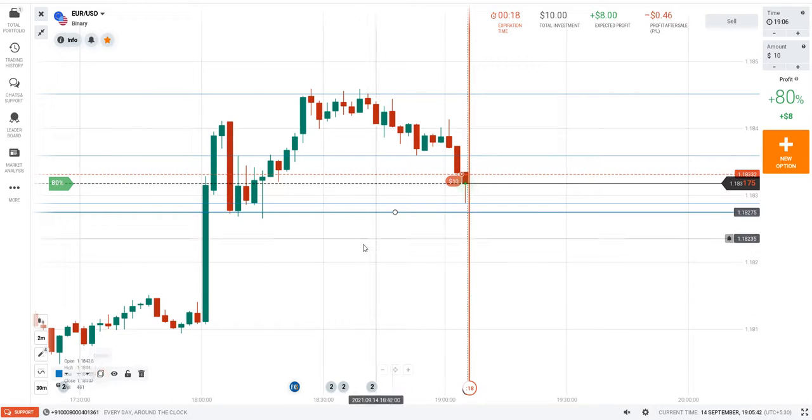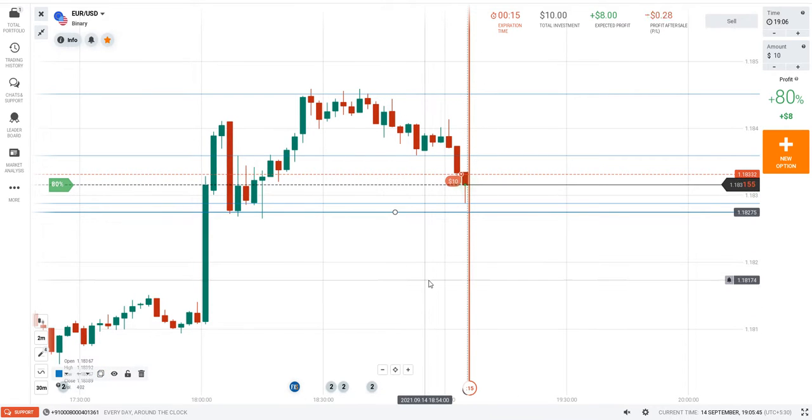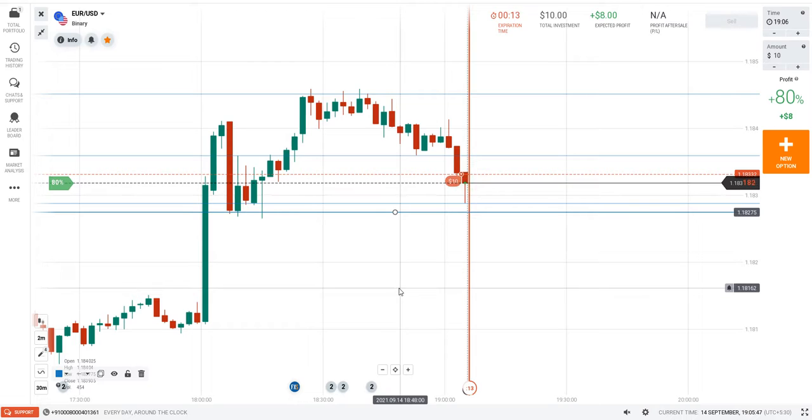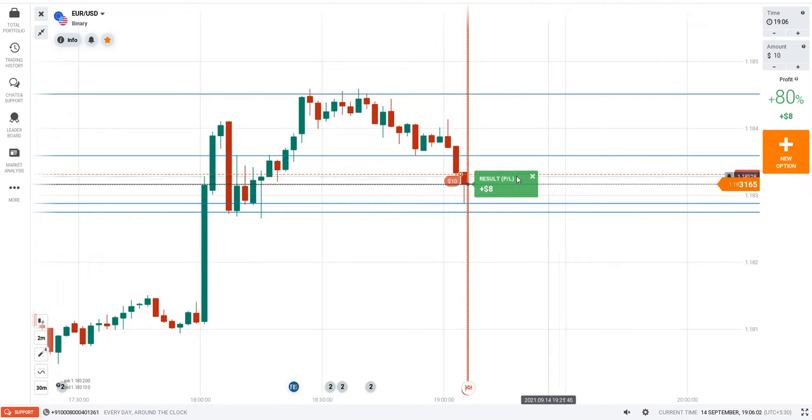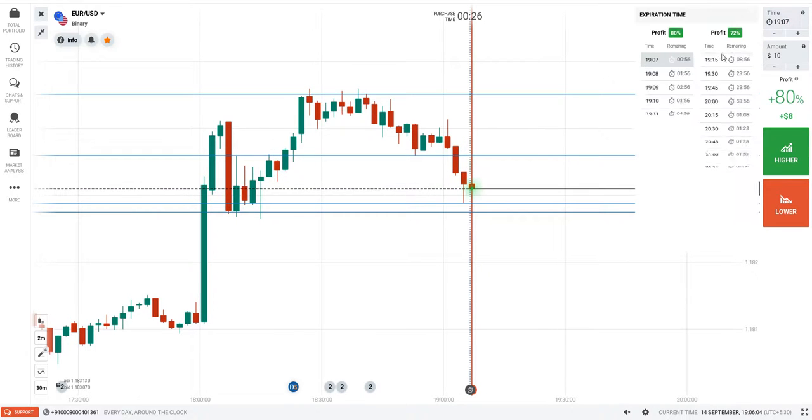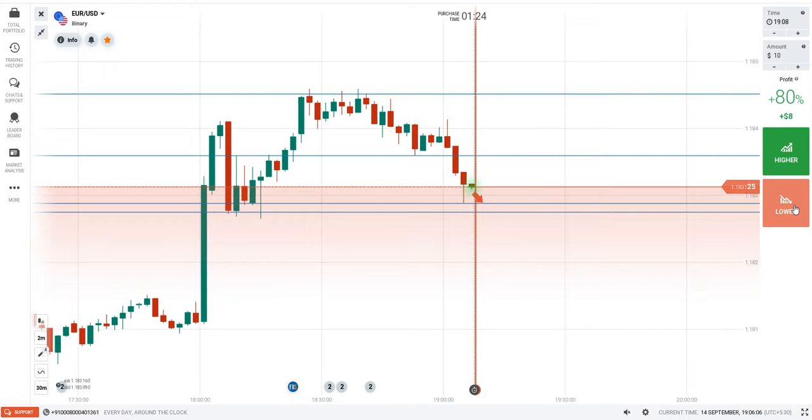This whole area is a buyer's area. So this is a winning trade, and one more last trade.